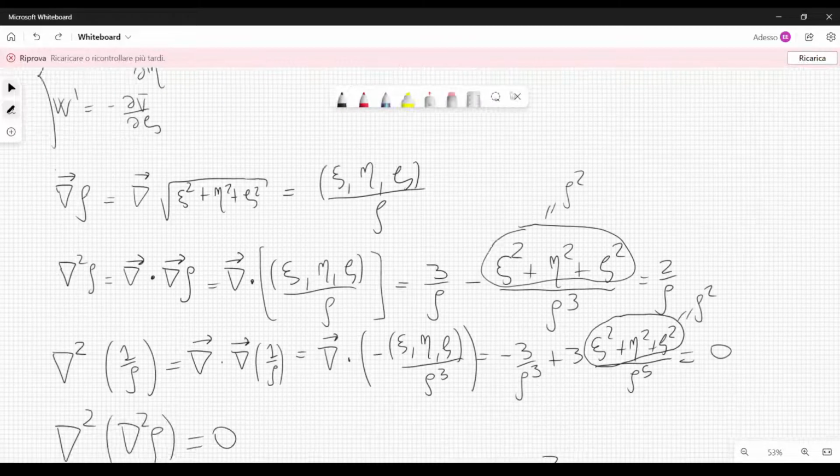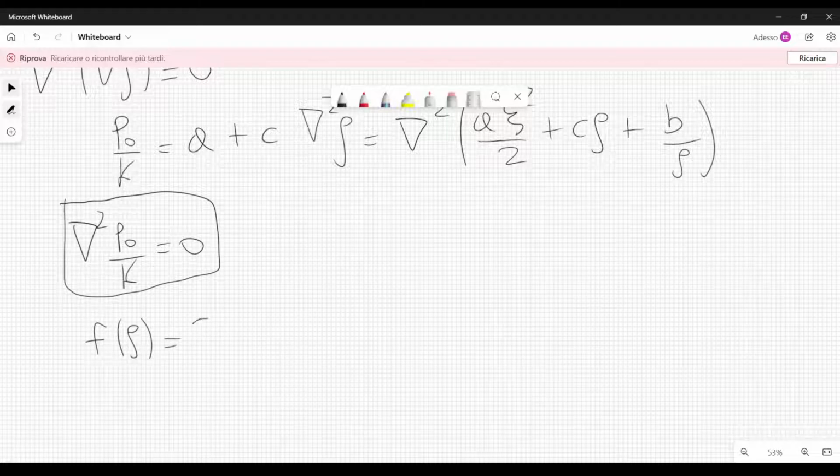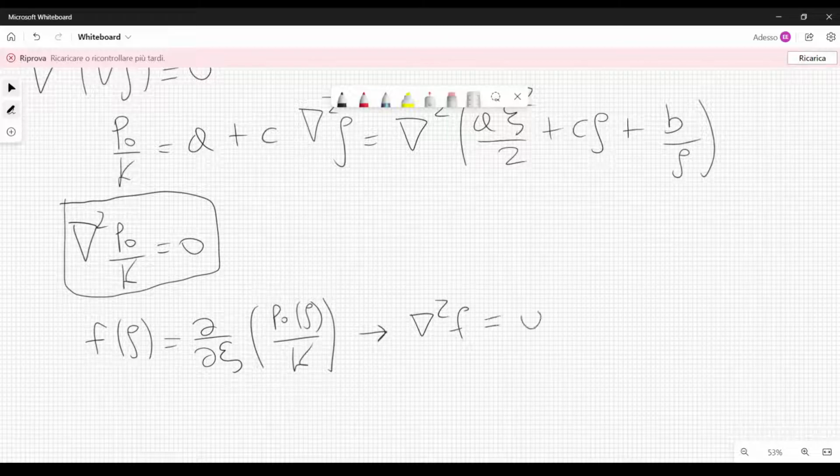And also we can find other solutions, because if you consider, for example, the function f of rho equal to the derivative with respect to xi of p0 of rho over k, well, the Laplacian of f will also be equal to 0, because this can also be written as d over d xi of the Laplacian of p0 over k, which is 0.